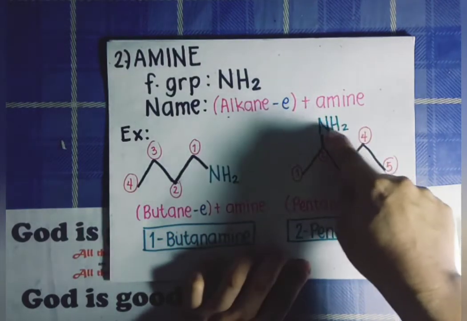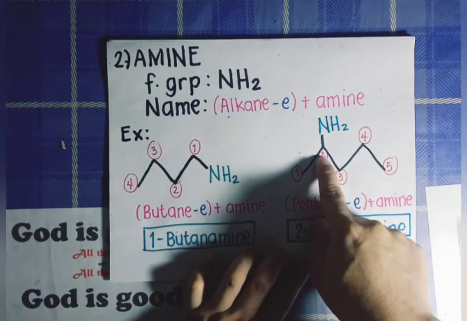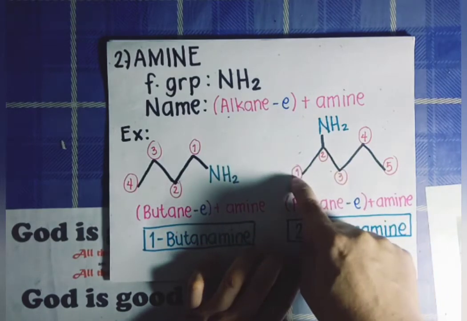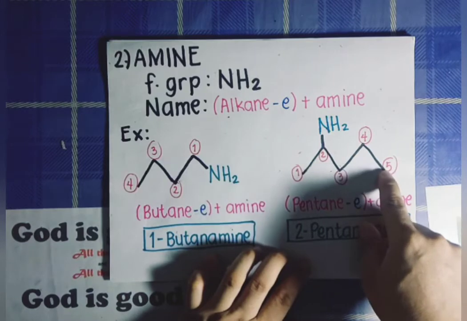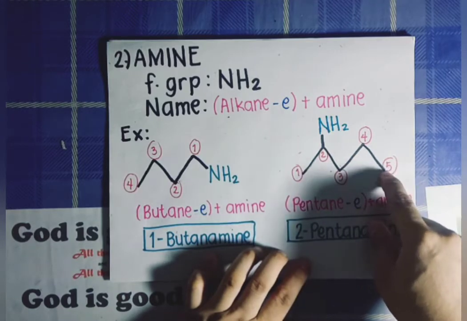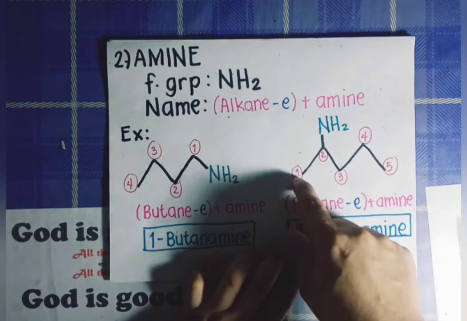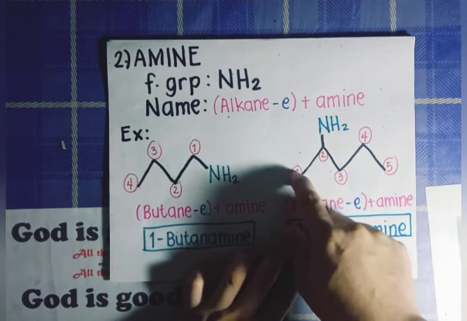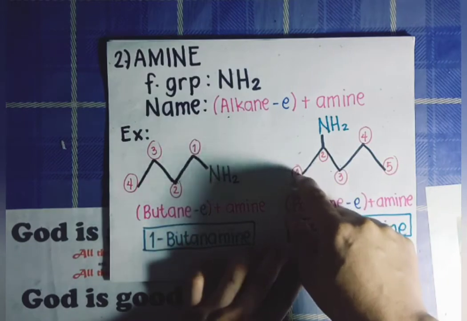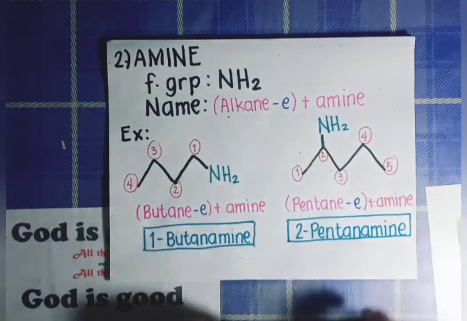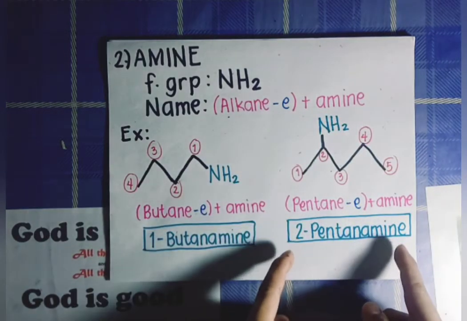Because our NH2 here is attached at carbon number 2. This is our carbon number 2 and this is our carbon number 1. This is not our carbon number 1, because this terminal side is actually the farthest side from our NH2. This side is actually the nearest terminal side to our NH2 or amine group. So therefore, its name is 2-pentanamine.